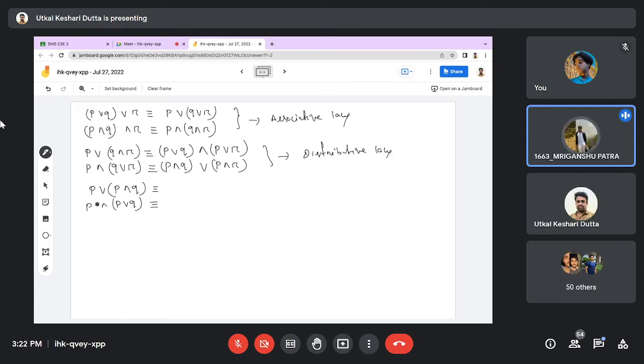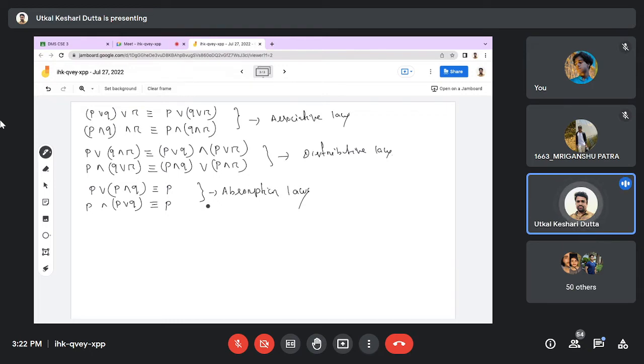P disjunction P is the same as P, then and P disjunction Q, so P is there. So that will be simply P. If you apply the distributive law, then P conjunction (P disjunction Q) will also be simply P. That means here P is absorbed. So this law is called absorption law.